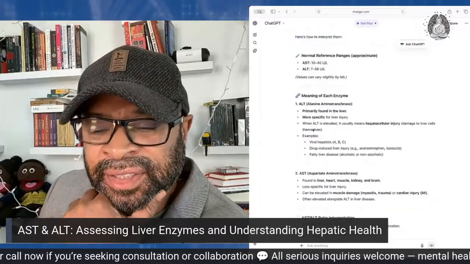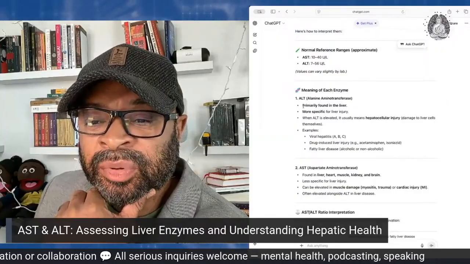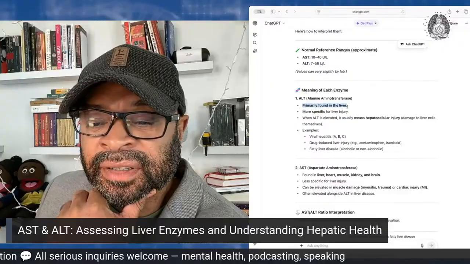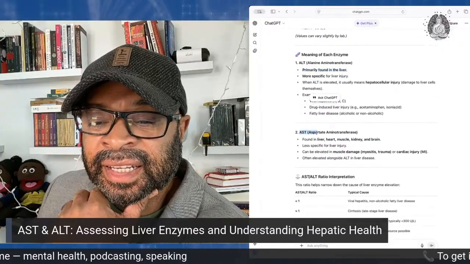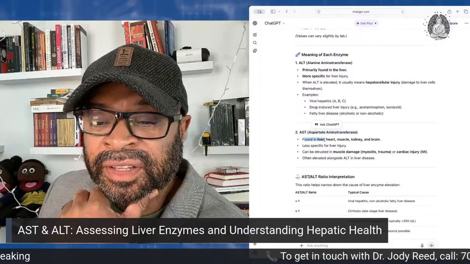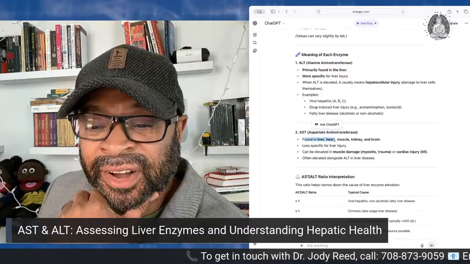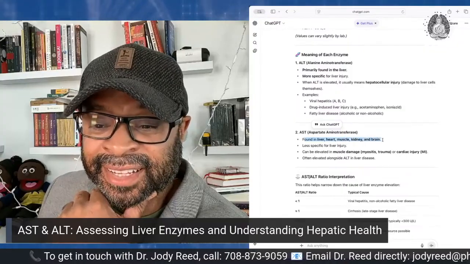ALT, alanine aminotransferase, is primarily found in the liver. Now look at this. AST, aspartate aminotransferase, is found in the liver, the heart, the muscle, the kidney, and the brain, right?